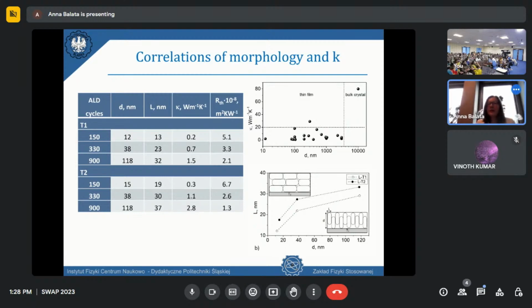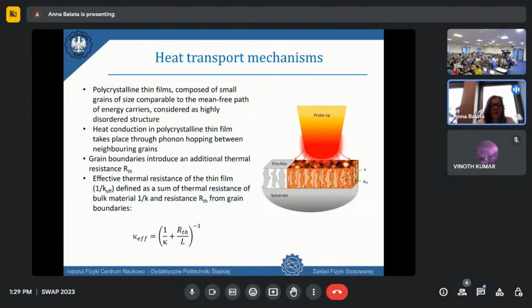It means that the thermal resistance decreases while the mean grain size increased. So there was a smaller number of barriers for phonons. That's why this parameter decreased. And we proposed some heat transport mechanisms.